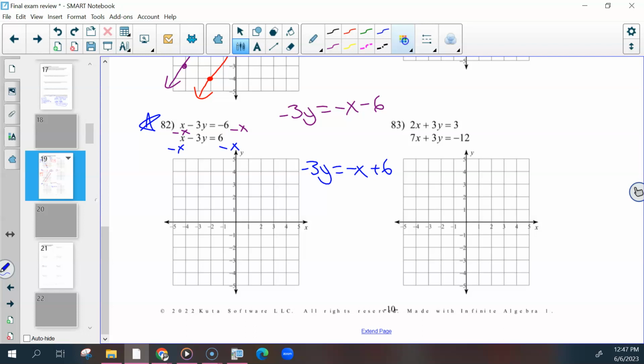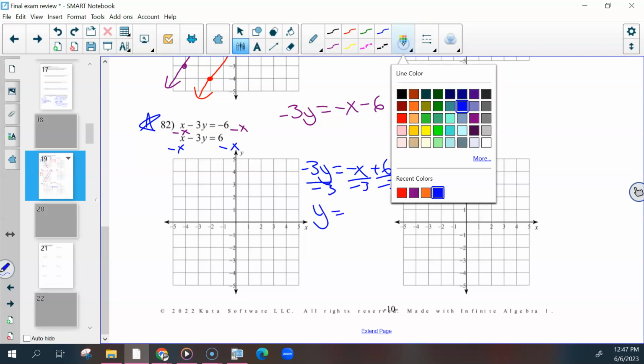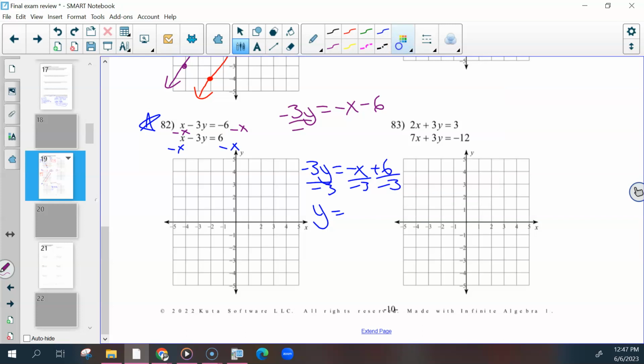And then divide everything by negative 3. Your slope is going to be a fraction for both. The first one would be positive 1/3 x plus 2.